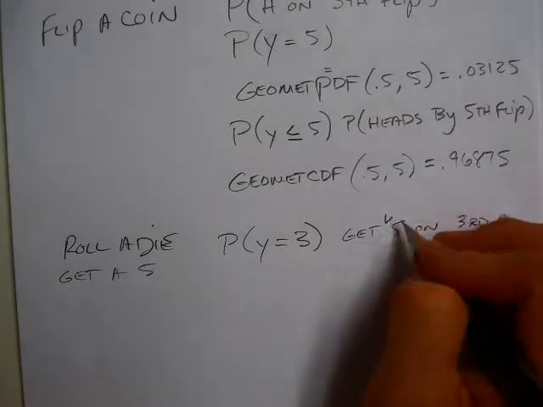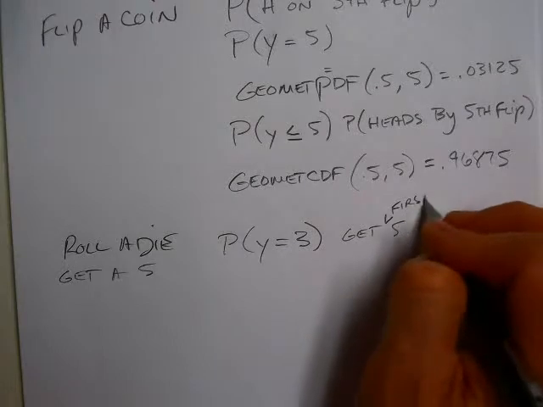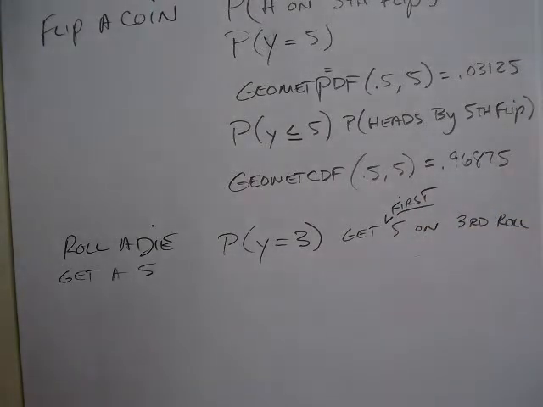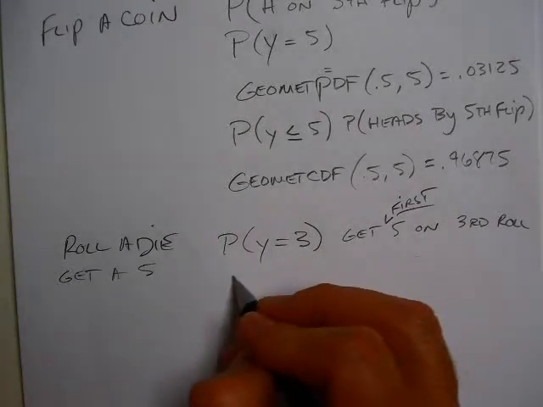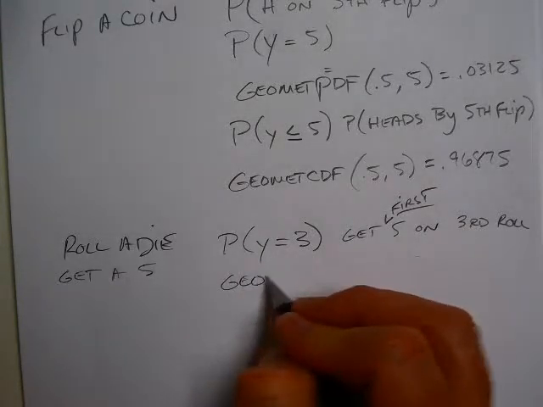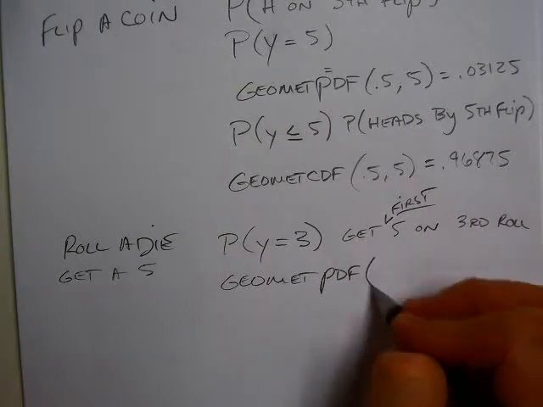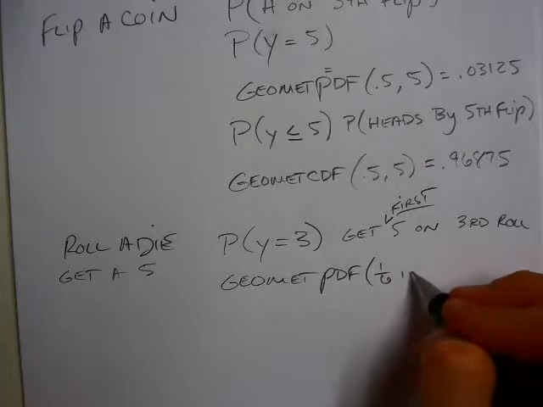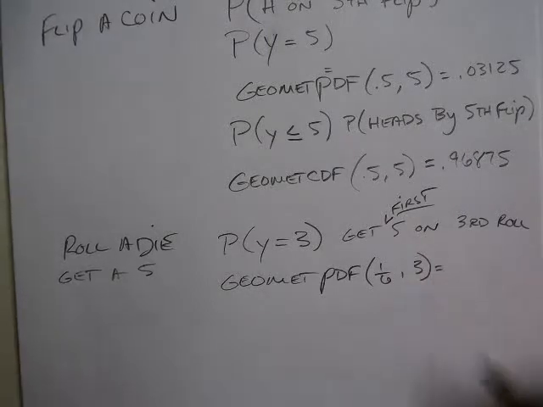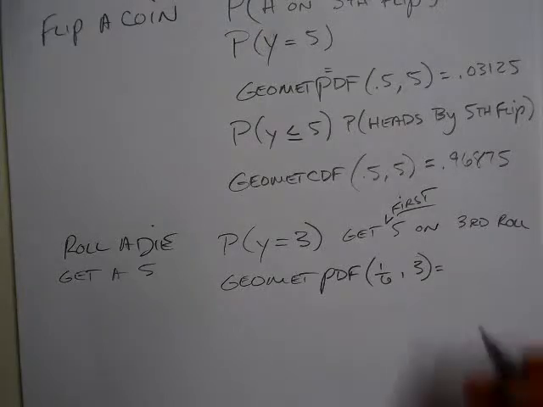And I probably should add first 5, so it doesn't count if we roll it before. So that's going to be Geomet PDF 1/6 and 3. Did you get about almost 12%, 11.6%?